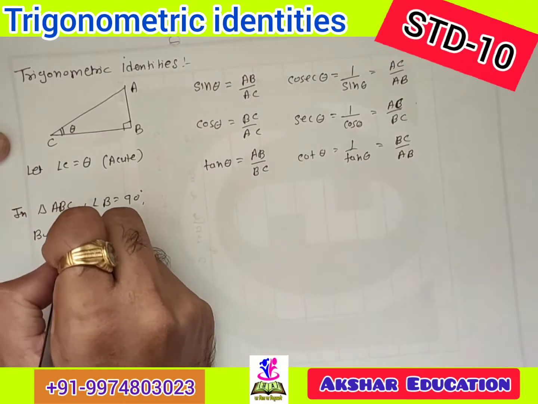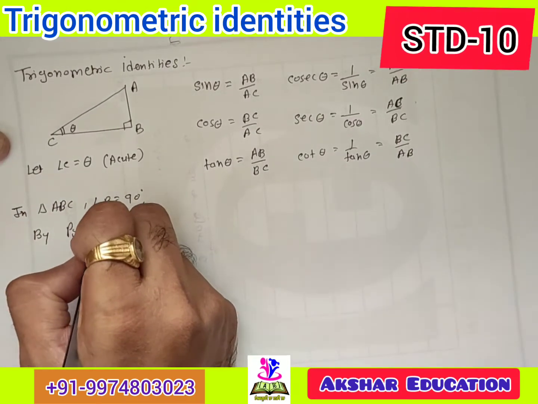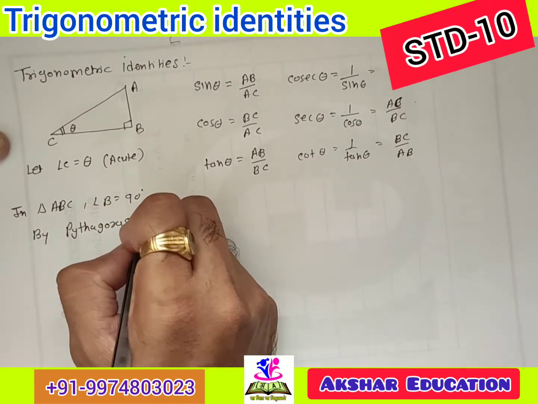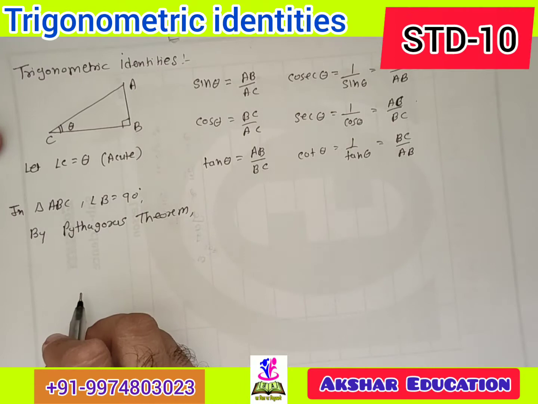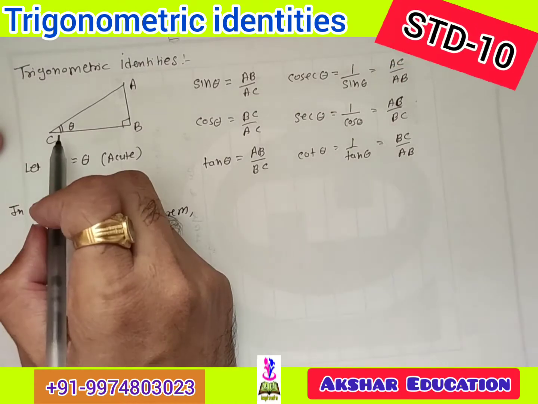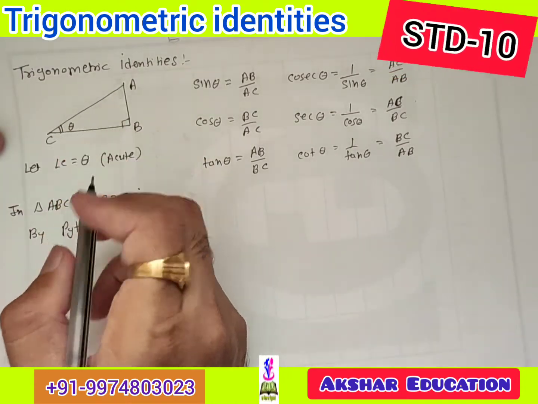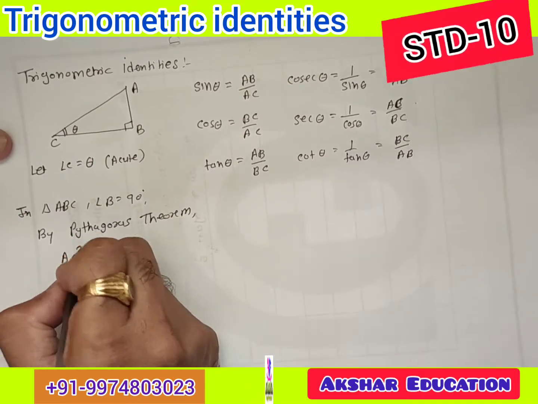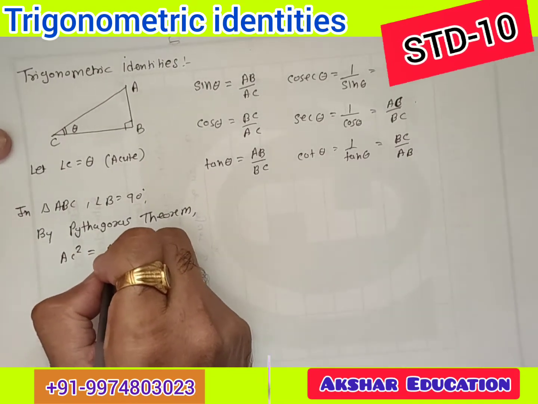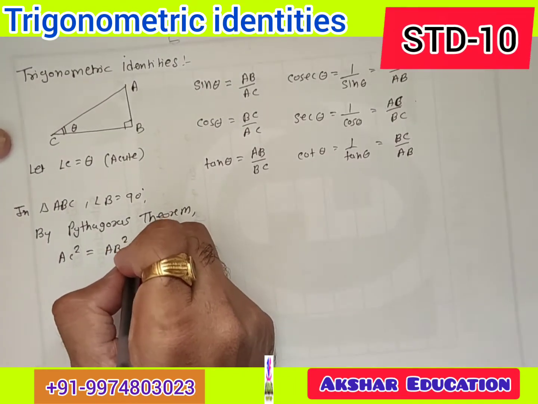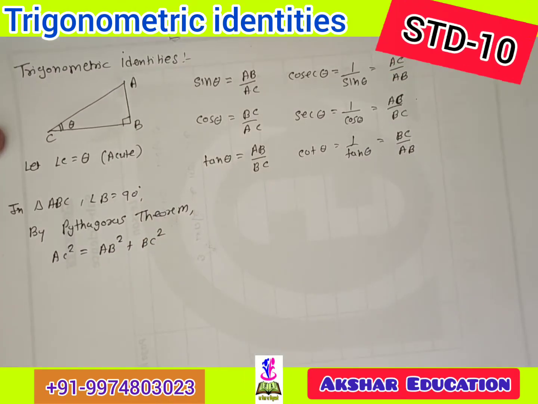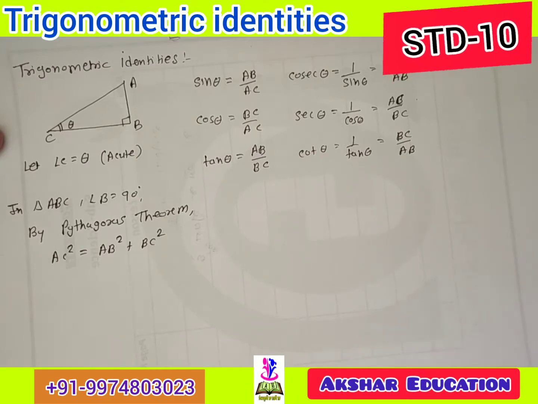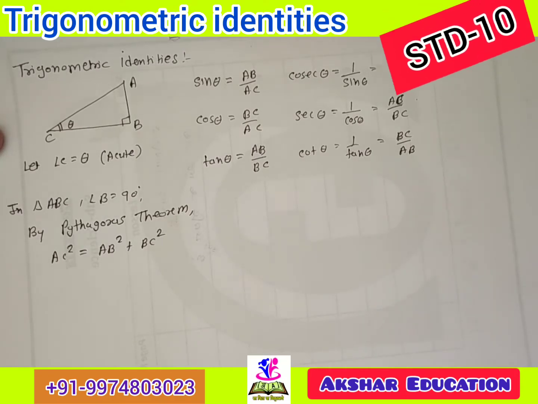So by Pythagoras theorem, the square of hypotenuse, AC square, is equal to the sum of squares of the remaining two sides. So it's AC square equal to AB square plus BC square.